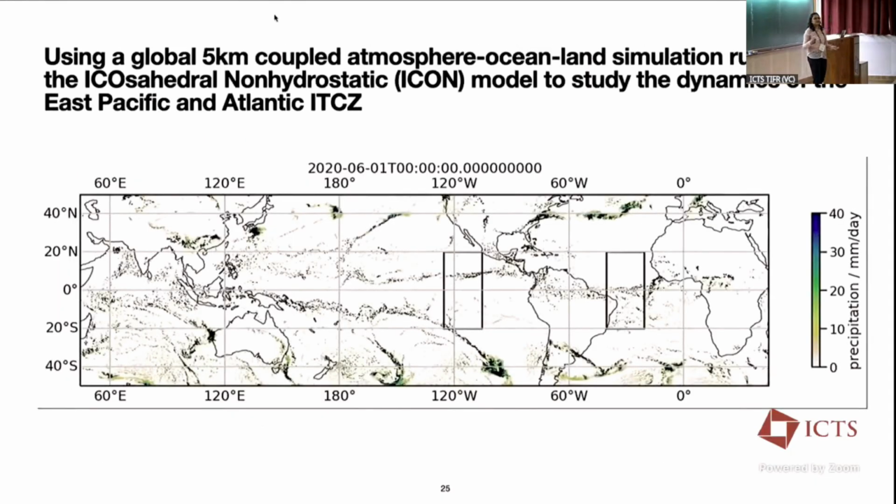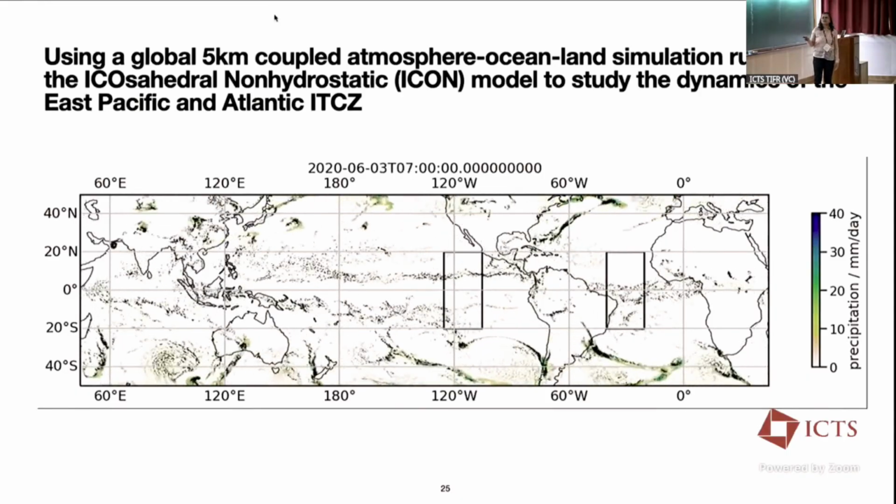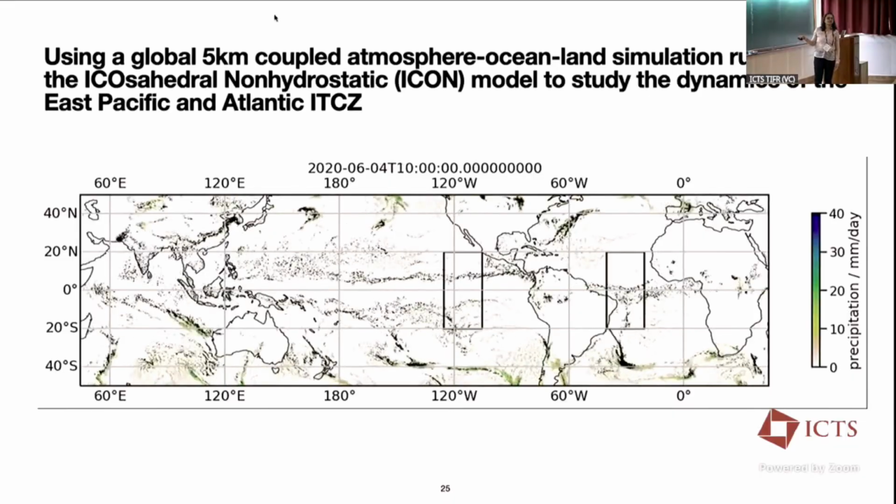The way that I worked on this problem is I take a look at the global kilometer-scale ICON simulations that were done. And I look at the two regions, the East Pacific and the Atlantic, indicated by the black boxes. And I see what is happening in terms of the force balances and try to understand the dynamical structure. Before I go into the details, I thought I would play this animation and point out a few things that I thought were cool when I first saw it.